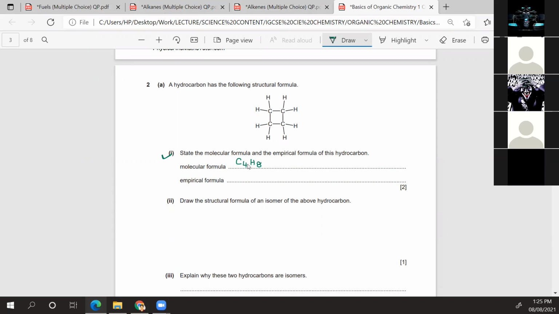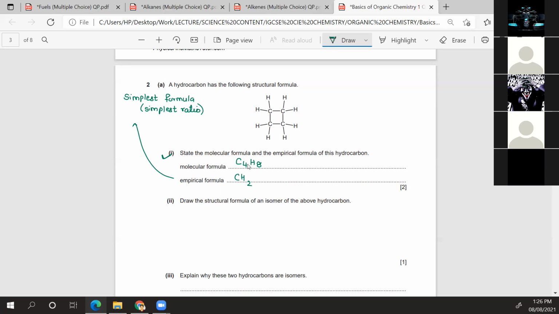Now talking about the empirical formula. Remember, empirical formula is called the simplest formula. That is the simplest ratio. So the simplest ratio of C4H8 will be what? Can I say it will be CH2?